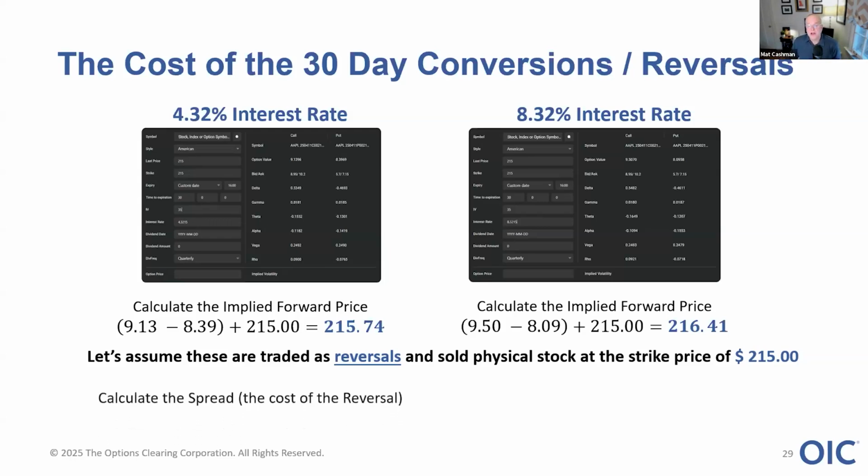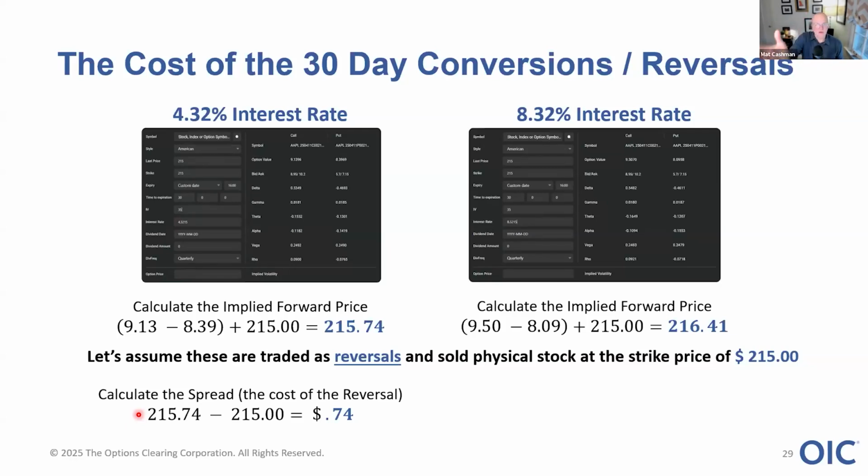So now what do we do here? Calculate the spread, the cost of the reversal. You've got the cost of the synthetic. Now you actually subtract the price that you're selling the stock at, 215. And so in this case, the spread, the difference between the synthetic stock and the actual physical stock, is the price of your reversal.